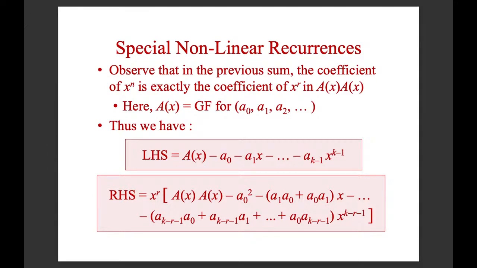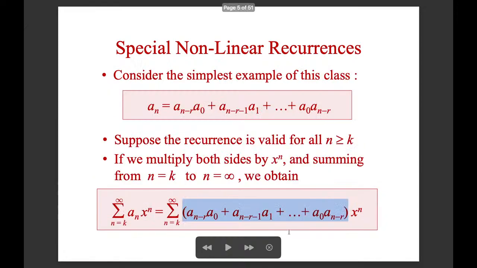So in particular, if we look at the right-hand side, this term is the coefficient of x to the power n minus r. So we can replace x to the power n by treating x to the power r as a constant term, multiplied with the summation of this term times x to the power n minus r.